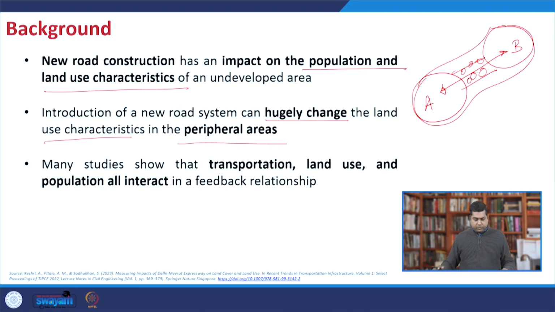Many studies show that transportation, land use and population all interact in a feedback relationship. So that means whenever you have certain land and there is no connectivity, it is limited. Probably the changes are not that phenomenal or substantial over time.